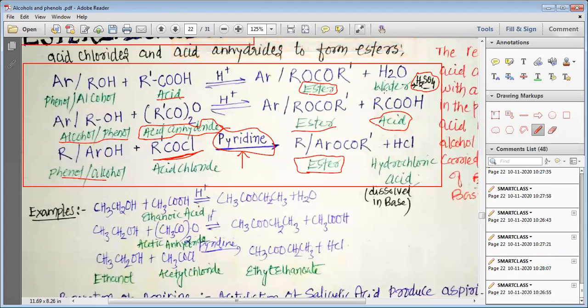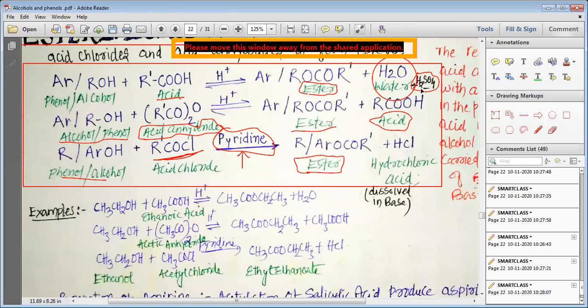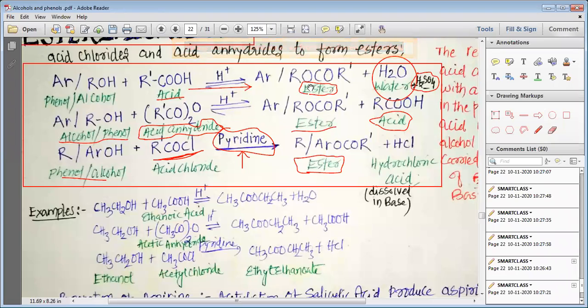Because the water produced in this reaction, in the process of esterification, is absorbed by sulfuric acid, and that is why the equilibrium moves towards more product. The equilibrium moves towards more product and we get more and more ester during this reaction.